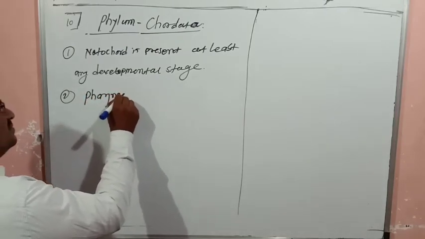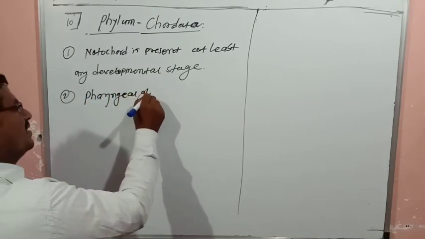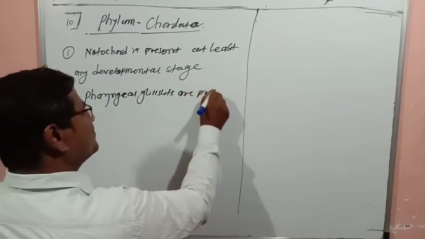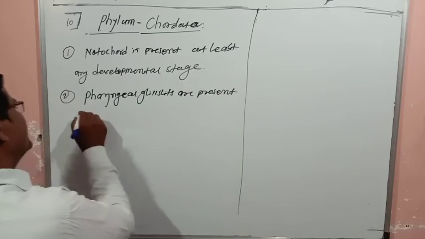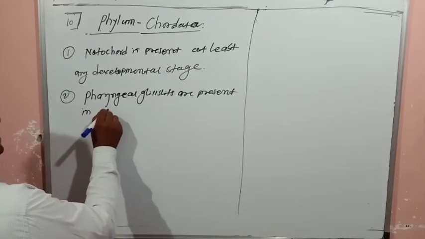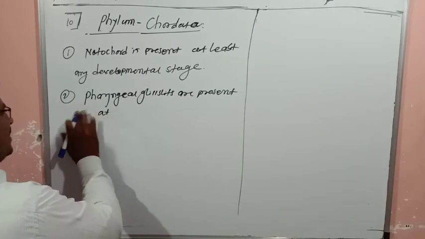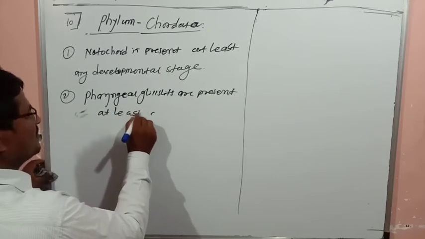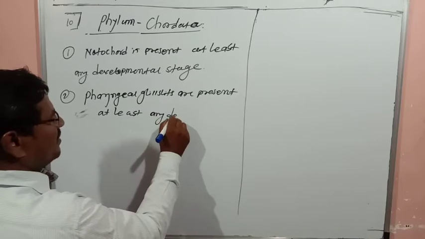Pharyngeal gill slits are present in at least any developmental stage.